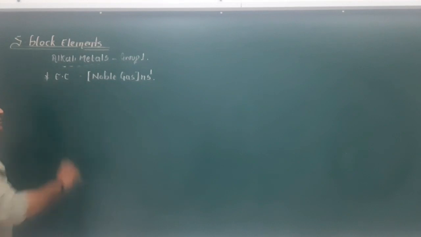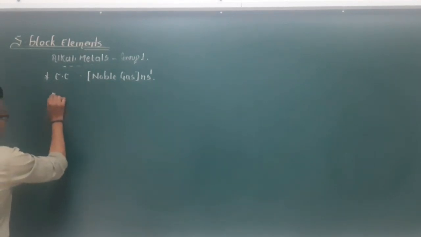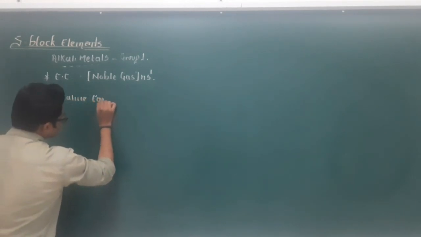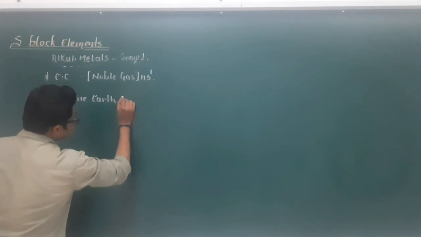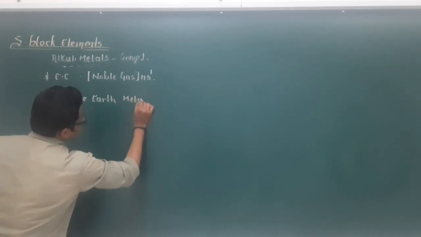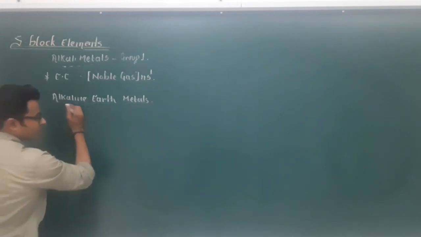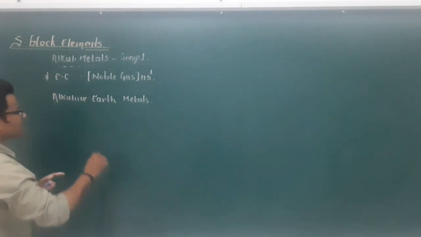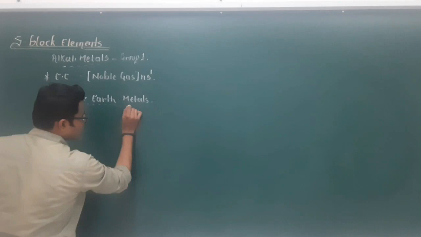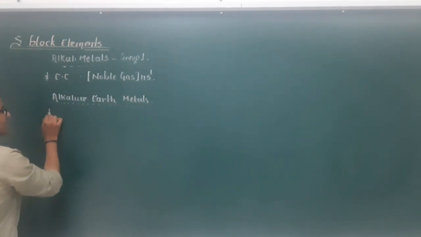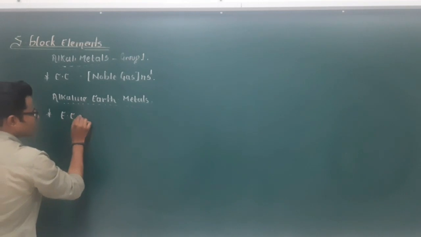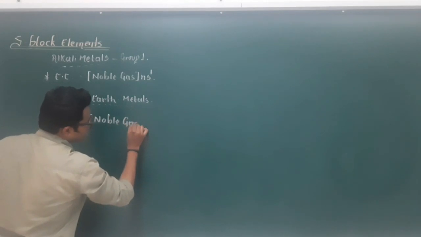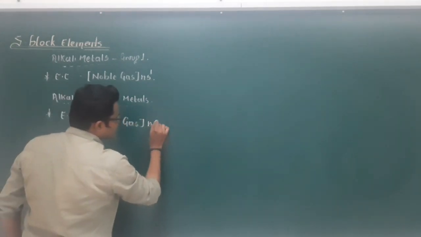This is for the alkali metals. In the case of alkaline earth metals, a small change occurs because the s orbital has a tendency to accommodate 2 electrons. Therefore, the electronic configuration is that of the noble gas followed by ns2.